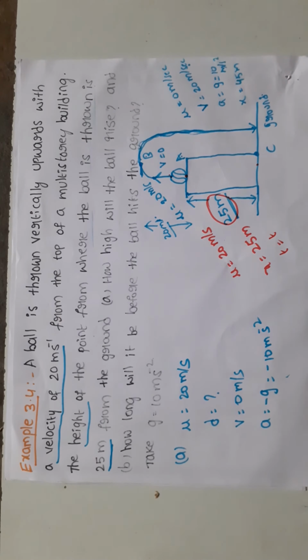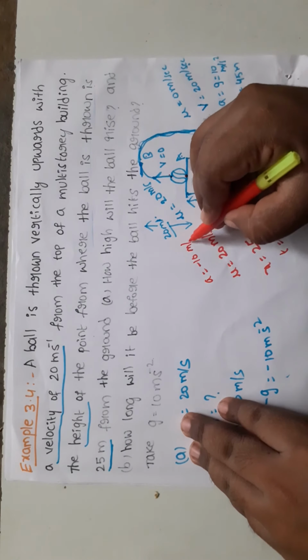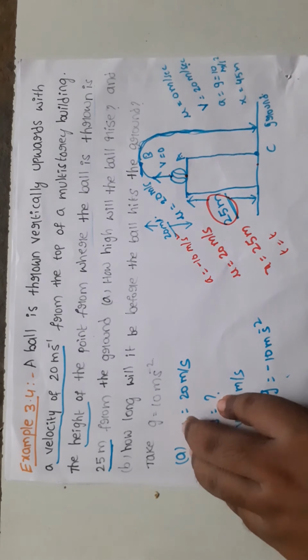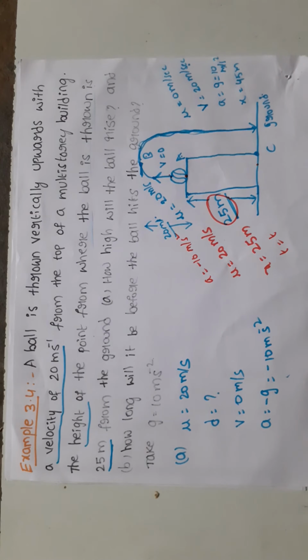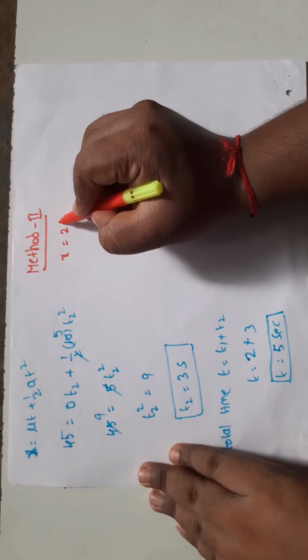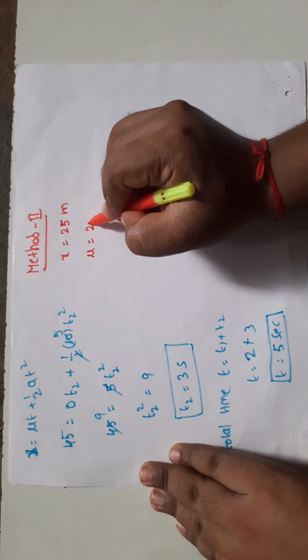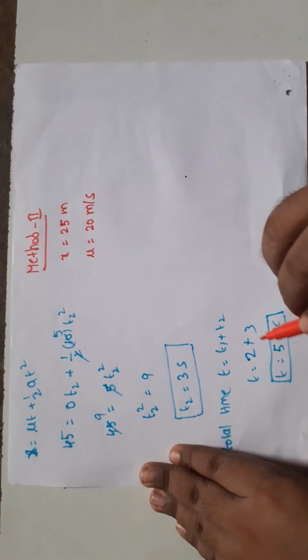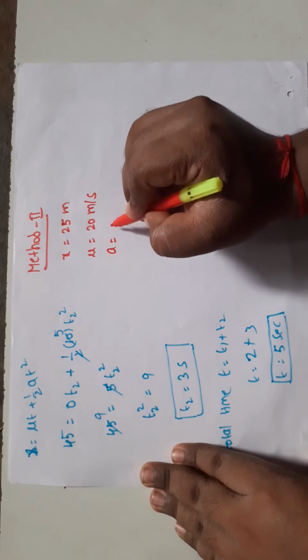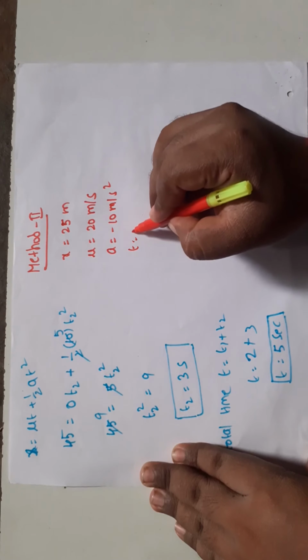Next, acceleration a equal to minus 10 meter per second square. Acceleration is in the downward direction but negative. Okay, these are the values. So displacement x equal to 25 meter, initial velocity 20 meter per second, acceleration a equal to minus 10 meter per second square. Time we have to find.